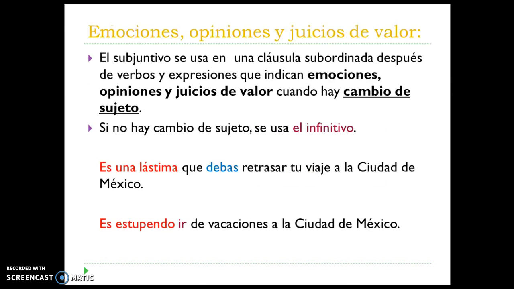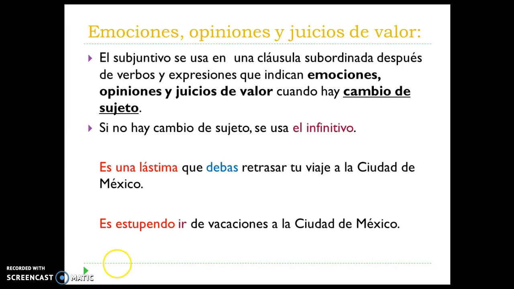Here it goes through more, trying to show the same thing that we saw before. If there's no change in subject, you use the infinitive. Es una lástima que debas retrasar tu viaje a la Ciudad de México. Here we're using an impersonal expression because it's not referring to a person. It's just saying it's a shame that you have to push back your trip to Mexico City.